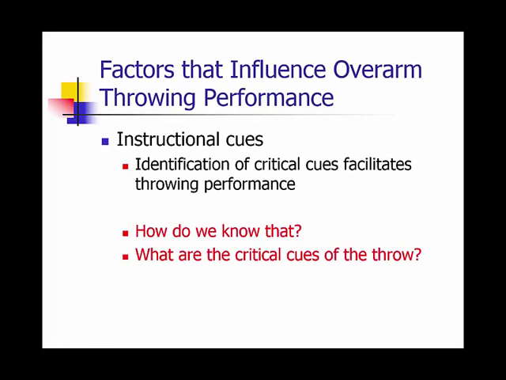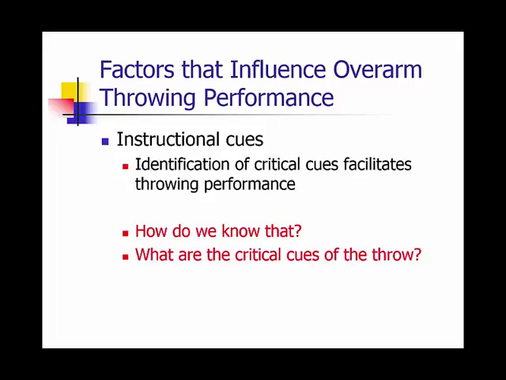Another factor that's been studied related to the overarm throw is the use of instructional cues. And this is similar to instruction, but just a little bit different in that it's looking specifically at instructional cues.